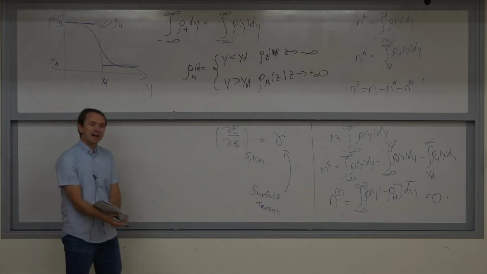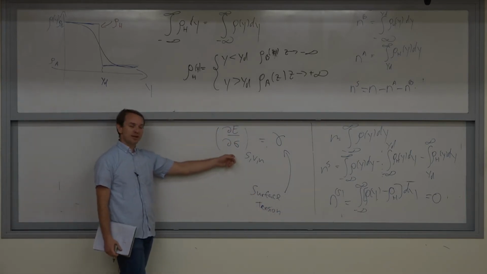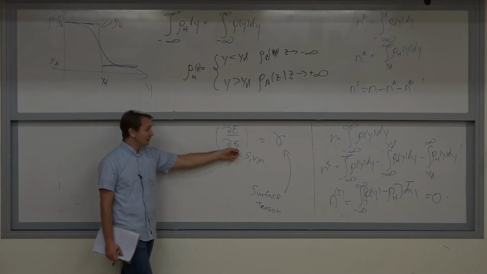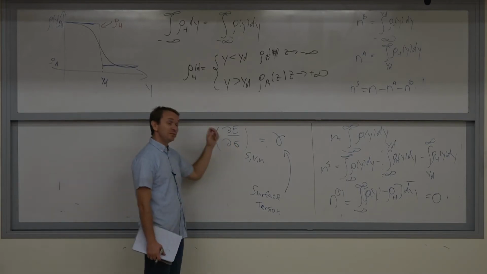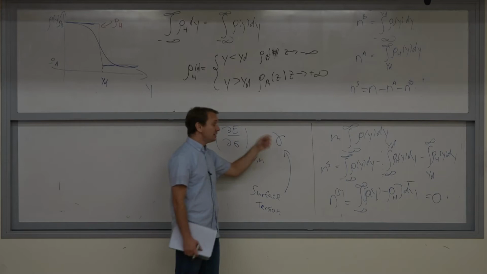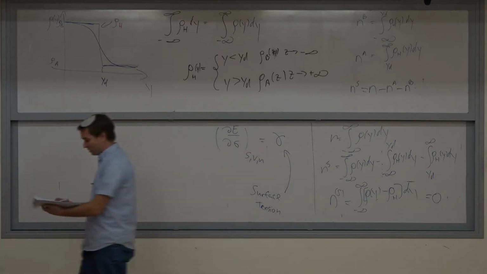And this is the definition of the surface tension. Basically, we use another parameter to describe the energy. This parameter is the surface area. We say, well, the energy will depend on the surface area. And what we define is that the derivative of the total energy with the surface area is what we call the surface tension.